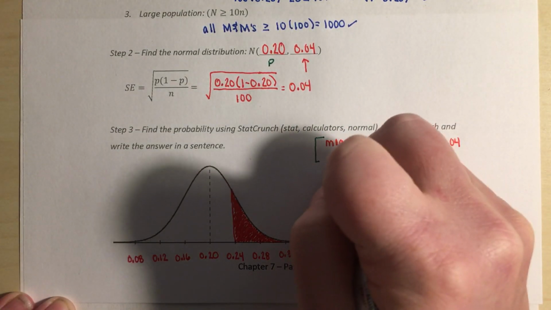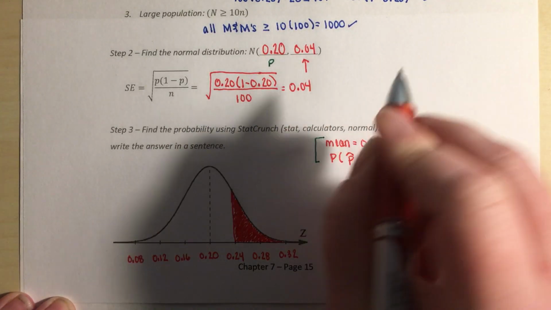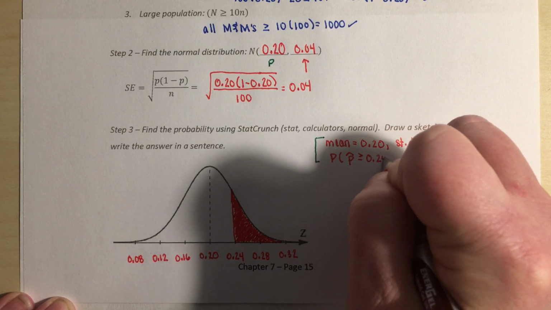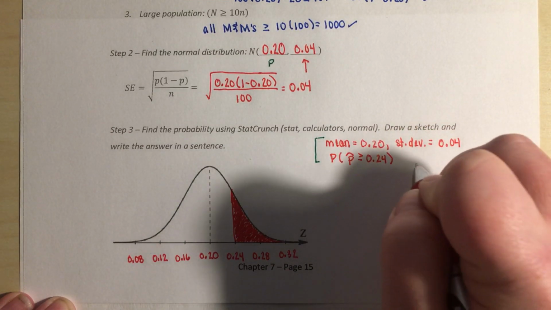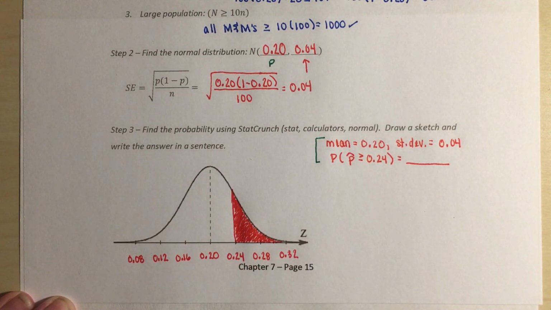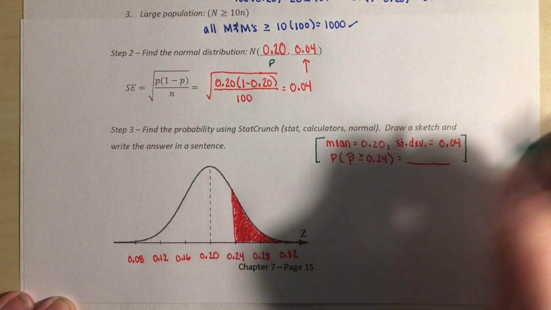And then we're going to find our probability that p hat is greater than or equal to 0.24, because that's what we are asked. And then we're going to hit the compute button, and it's going to spit out our answer right there.